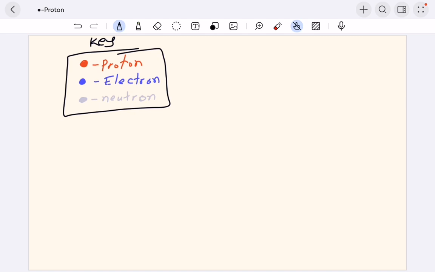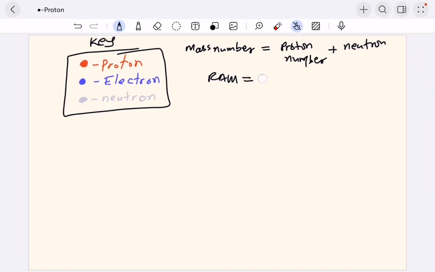Every time we are asked to calculate the mass number, the mass number is given by the proton number plus the neutron number. To find the relative atomic mass, which is also known as the mass number or the nucleon number, we just add the proton and the neutron.